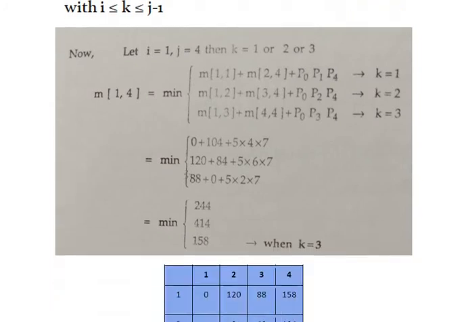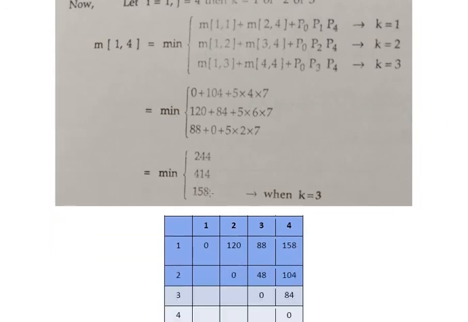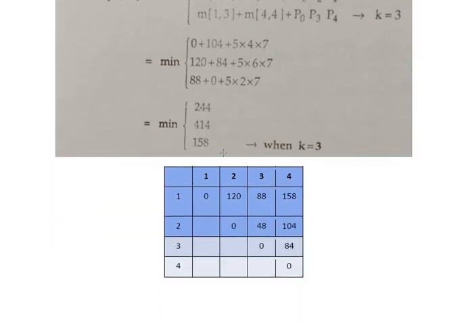You found m of 1 4 from the earlier values, and of all the possibilities the minimum value is 158 for m of 1 4, and this is the final answer of the matrix chain multiplication.